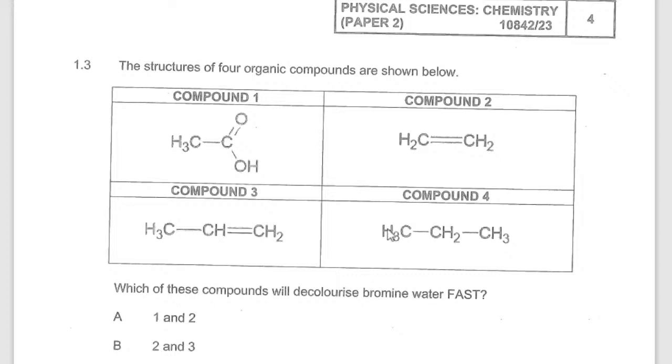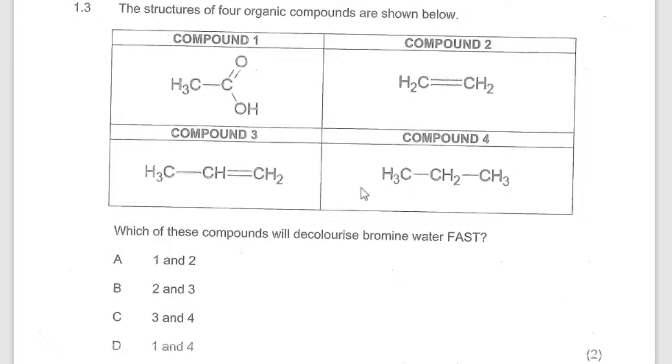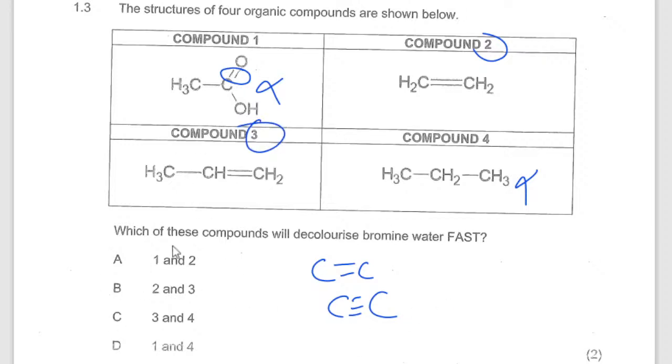I was emphasizing this when I was doing the final revision the day before: bromine water will only be decolorized if you have a double bond between carbon atoms or a triple bond between carbon atoms. So you have to look at that. The double bond is there, but it's not between carbon atoms, so this is out. There is no double bond here, this is out. So the answer is related to compound 2 and compound 3. We come here, we find compound 2 and compound 3 becomes B. So B becomes the most correct answer.